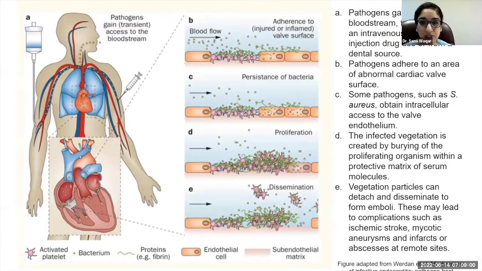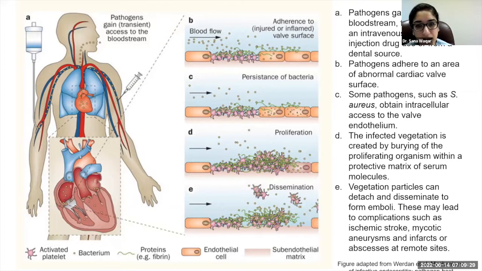So this is just what I spoke about. Again, you need the perfect storm. You need a pathogen to gain access to the bloodstream, whether this is because of injection drug use, or somebody has bacteremia because of infection, or a catheter, dialysis. And then that bacteria needs to stick to a surface that has been damaged by either degenerative changes or underlying rheumatic heart disease.